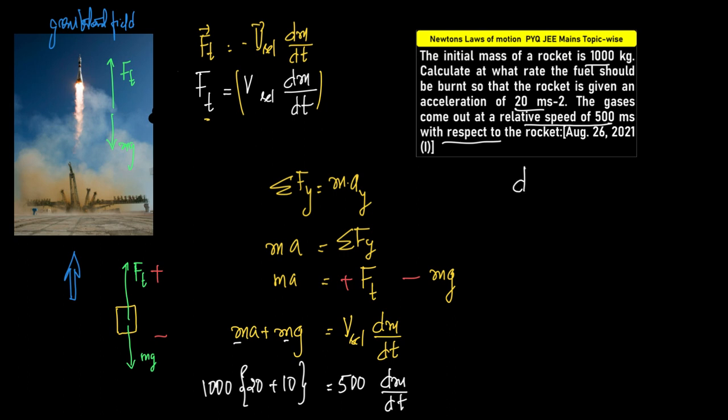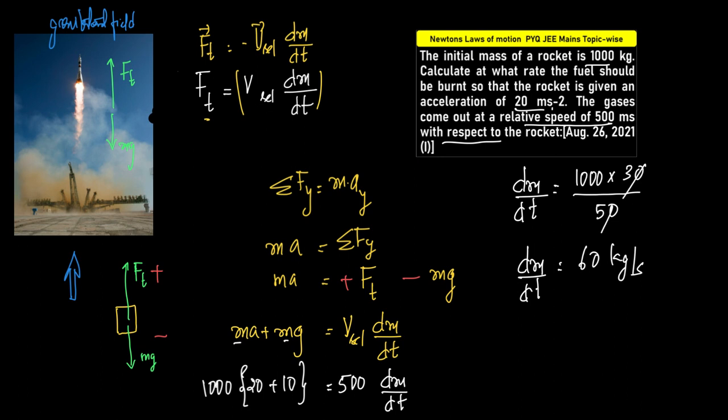So basically dm by dt is equal to 1000 into 30 the whole upon 500. So this thing gets cancelled, so it is 3000 by 50, and therefore dm by dt is equal to 60 kilogram per second.